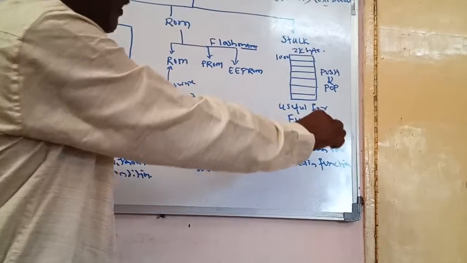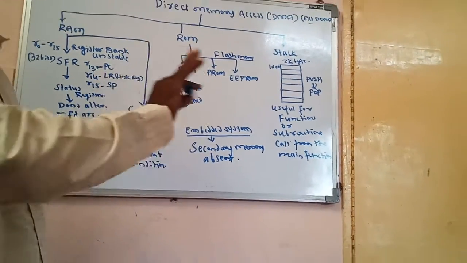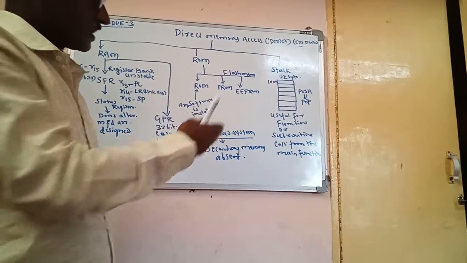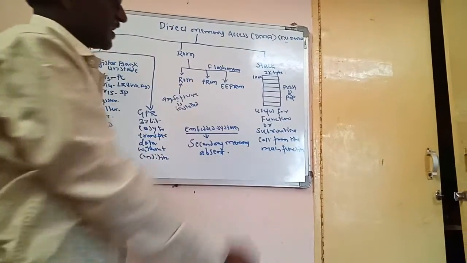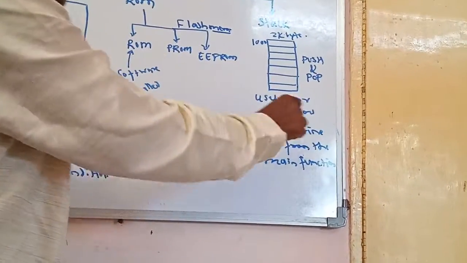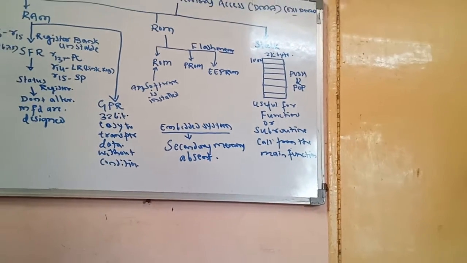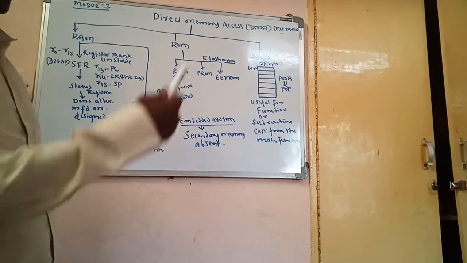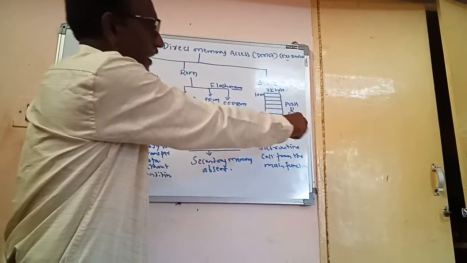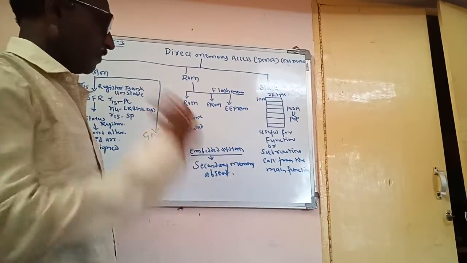So what is the function of the stack? The stack stores information using push instructions and removes data using pop instructions. These support subroutines. Subroutine means functions. In the main program, we call the functions.